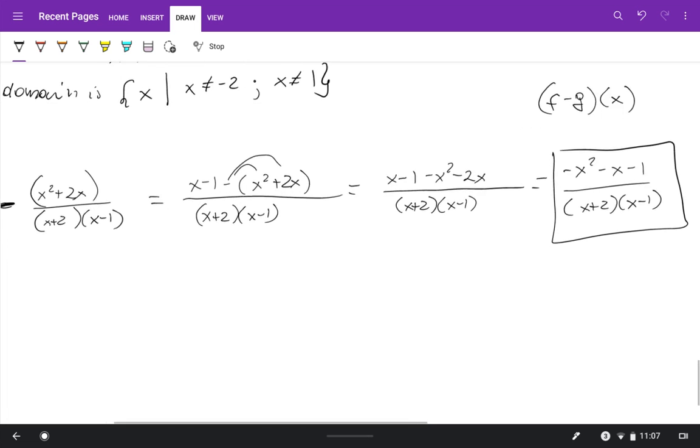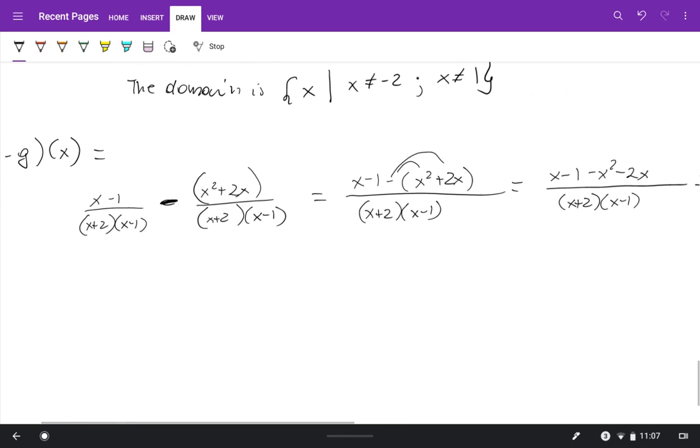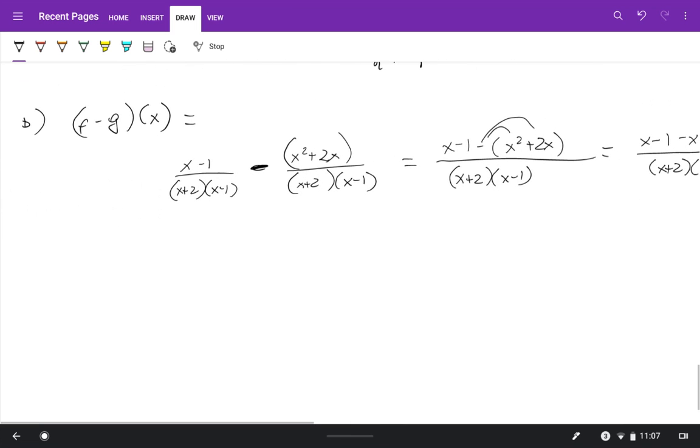Okay, f minus g of x. And also they're asking you to find the domain. So find the domain of the combination f minus g of x.